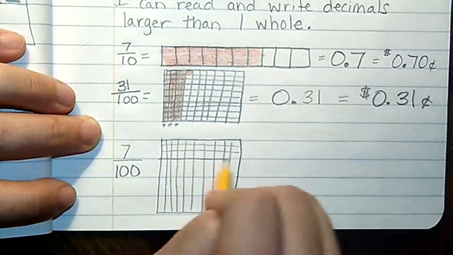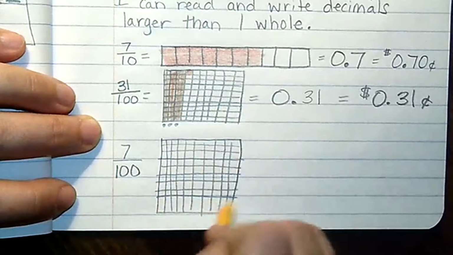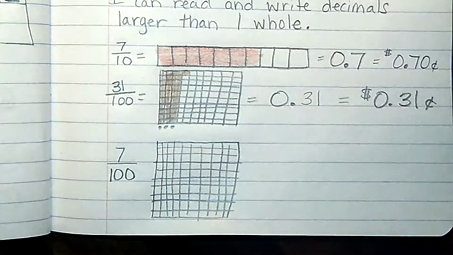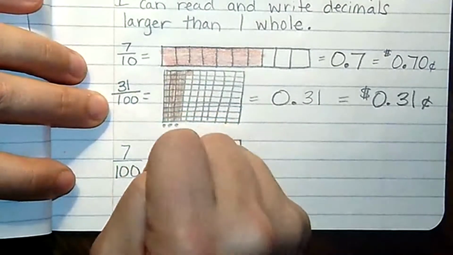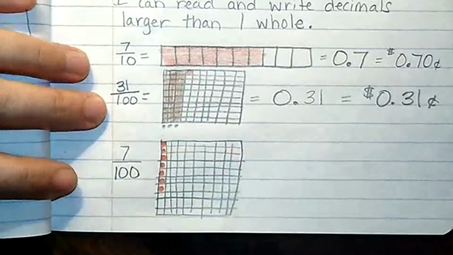And I'm going to color in 7 of them. How many? Only 7. So here we go. 1, 2, 3, 4, 5, 6, 7.